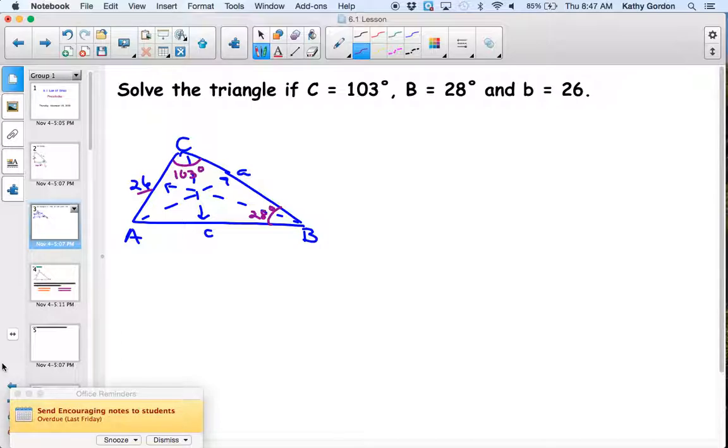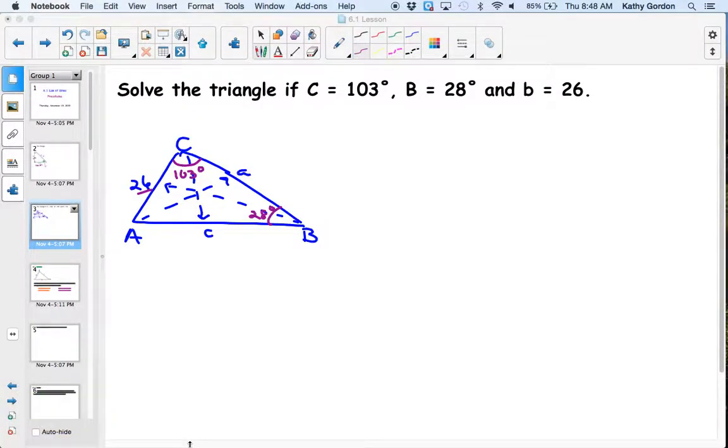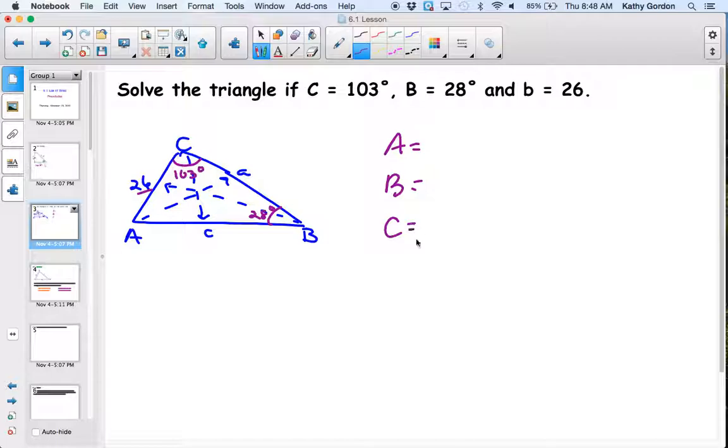So how are we going to solve this one? This is how I do things because I need to keep things organized. I set up a column with my 3 angles and then a column with my 3 sides.